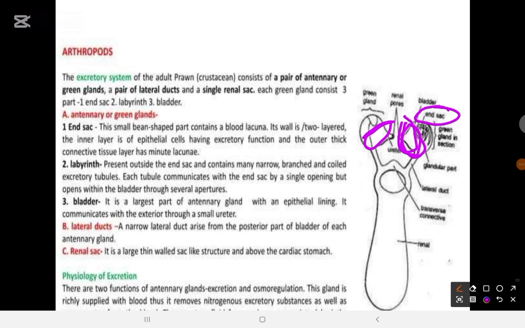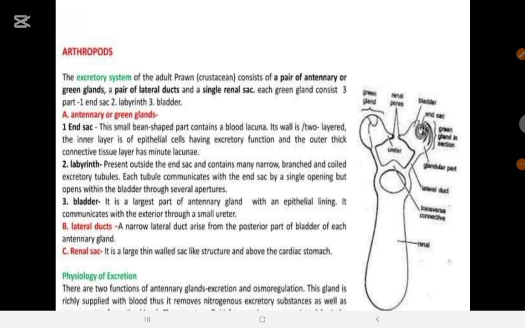Okay, so now the green gland. So altogether, we call them the green gland. So we have the antennary or green glands. We have the end sac. The end sac is a small bean-shaped part that contains blood.